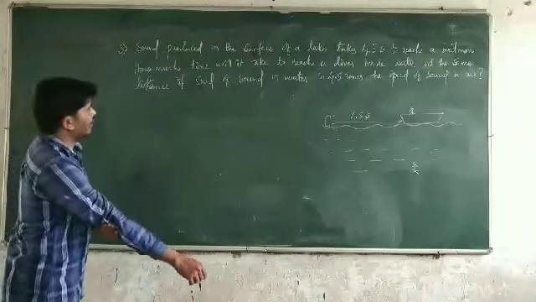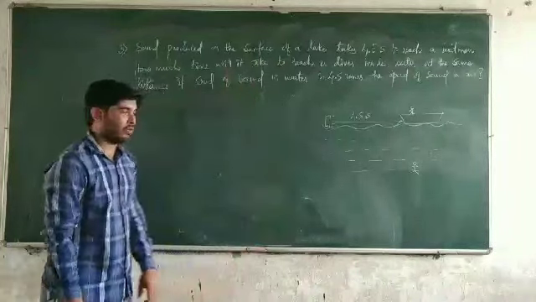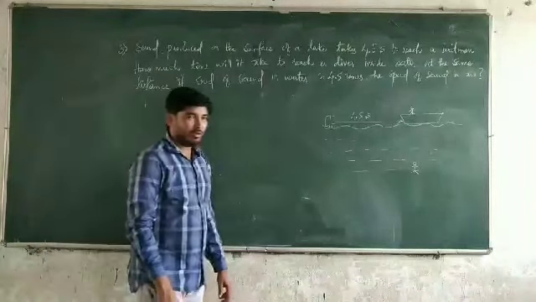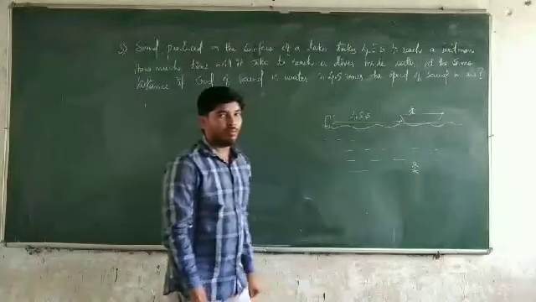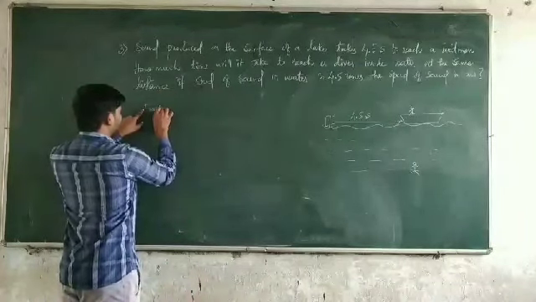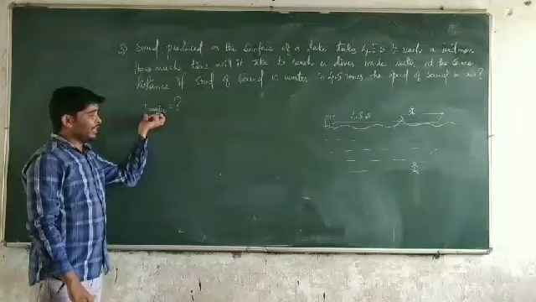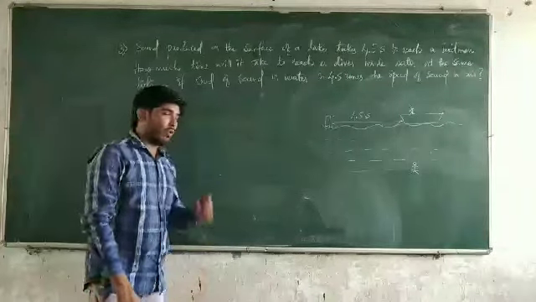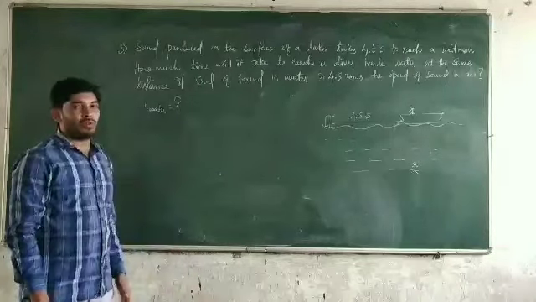So ultimately what you are going to find out is the time taken by the sound to reach the diver present inside the water, which means the sound is traveling in water. So next we are going to find T of water is equal to question mark.